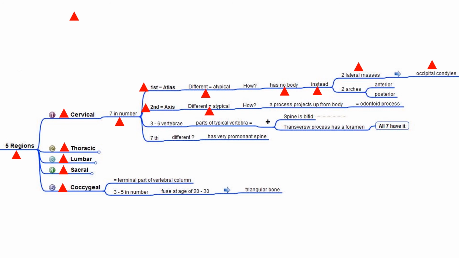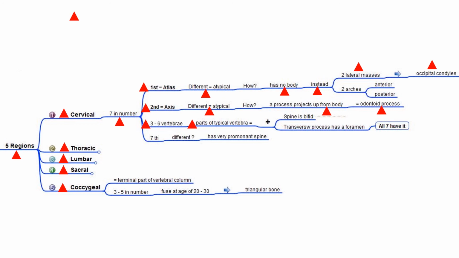Then the second cervical vertebra is called the axis, and it is different from other cervical vertebrae, and therefore it is called atypical, not typical. How is that? Because it has a process projecting up from the body, and this is called the odontoid process.